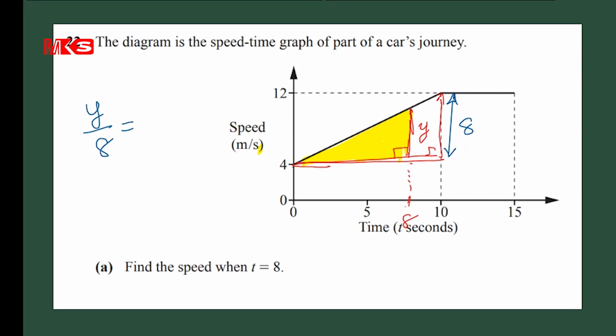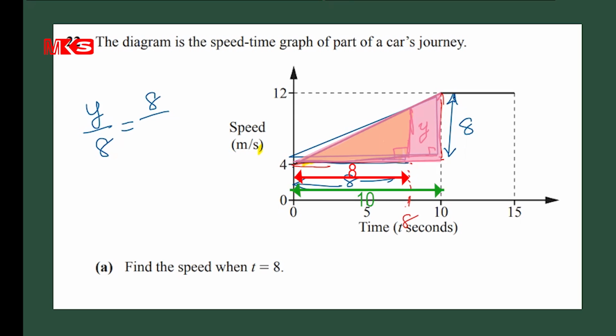In the numerator we are taking the smaller triangle, shaded yellow here. The base length, I mean the horizontal side of this shaded triangle, is 8. This is from 0 till 8. So that will be 8 over, now the larger triangle, the horizontal side is 10.